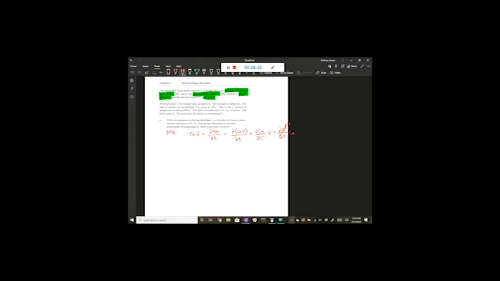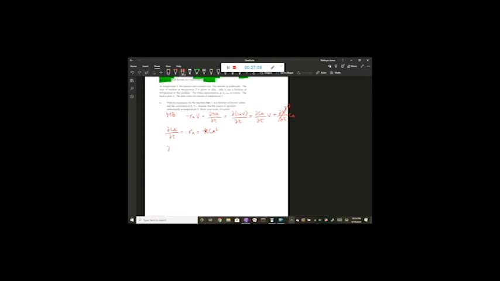So now we end up doing some simplification. We end up with dCA/dt is equal to negative RA, which is equal to this, which was given in the problem. Solve here. It's just basic algebra, so I'm going to separate and integrate.